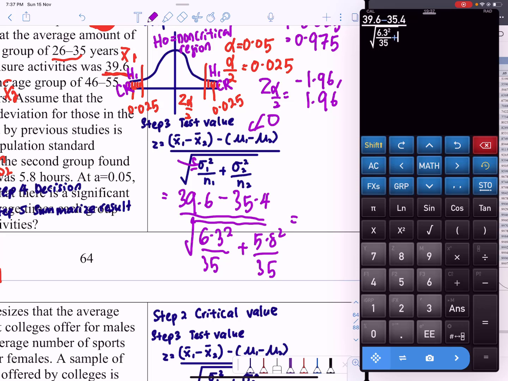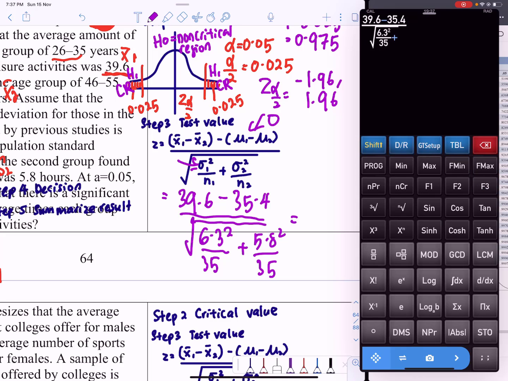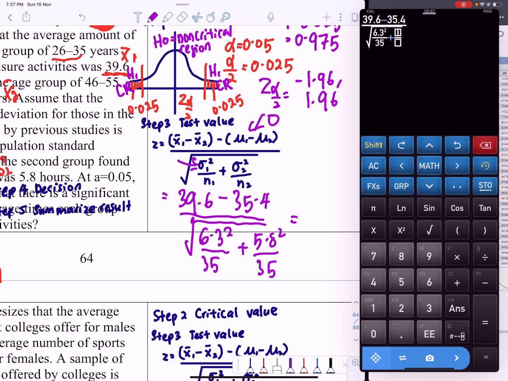We need to have plus here, fraction 5.8 squared. At the denominator we have 35, and then 2.9. That is the answer for the test value, 2.9.